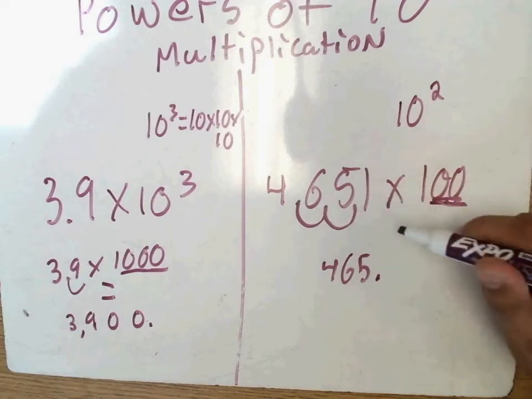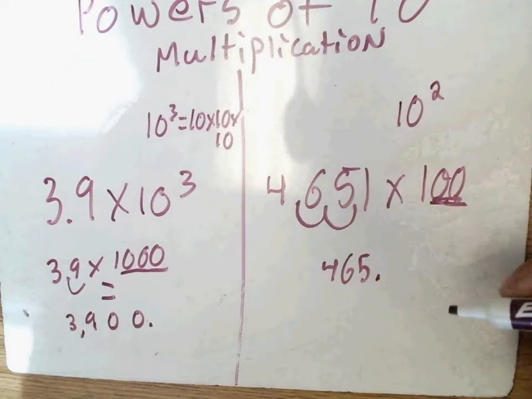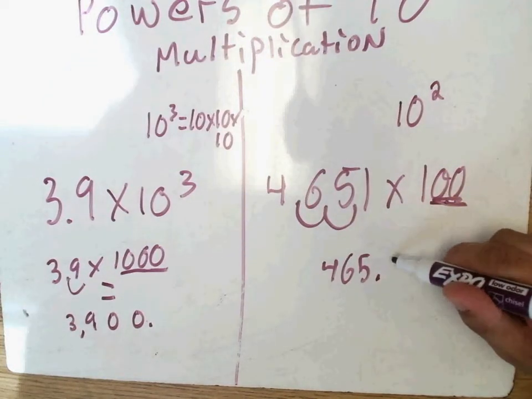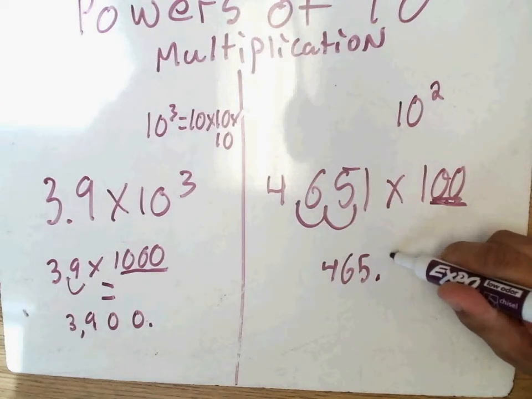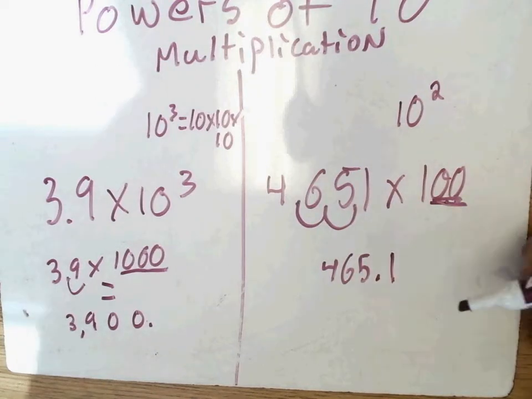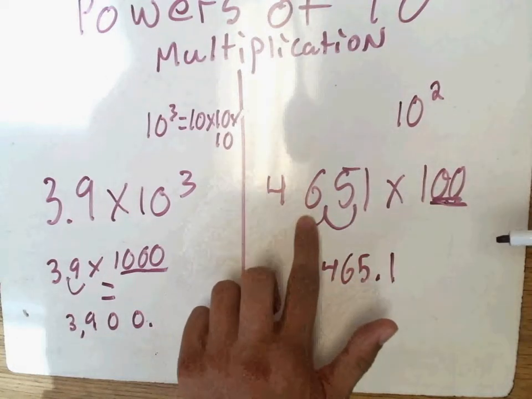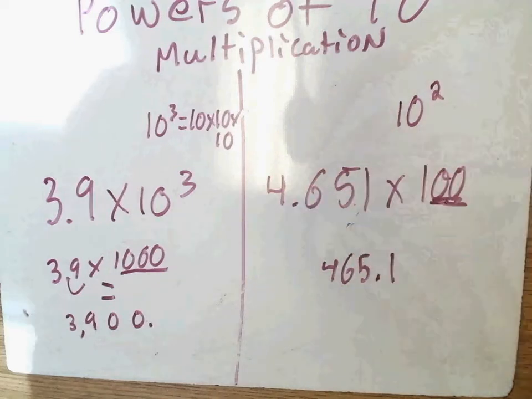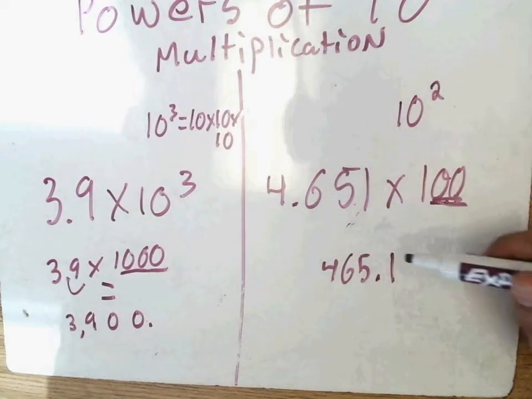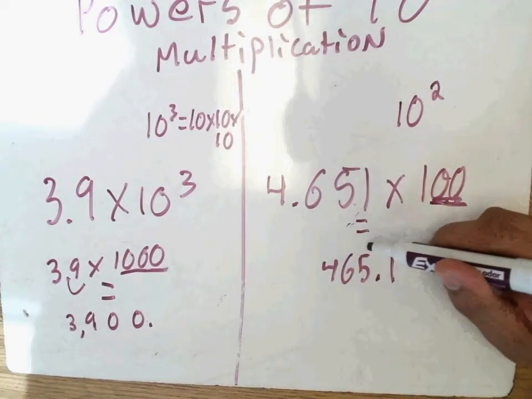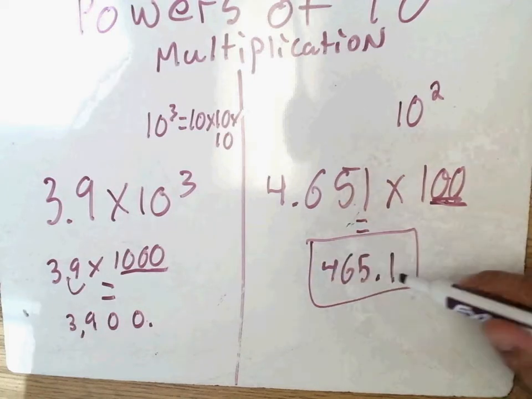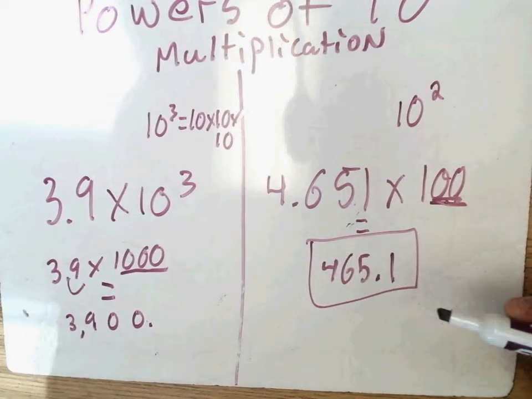And then the 1 that was in the ones place is going to now be in the tenths place. So when we multiply 4 and 651 thousandths times 100, our product is going to become 465 and 1/10.